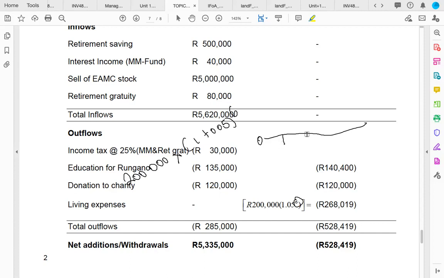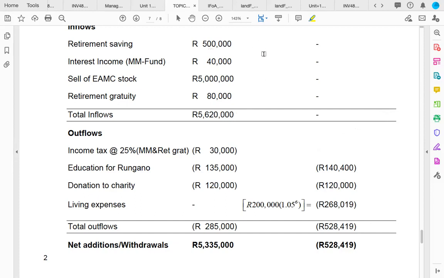And then time 1 is going to pass year 1, year 2, year 3, year 4, and then we're going to get to time 5. So we're looking at what's happening during the 6th year. So we're calculating the living expenses as at the end of the 6th year. So we're taking the current living expenses multiplied by 1 plus inflation to the power 6, and then that gives us the living expenses amount that's going to be needed.